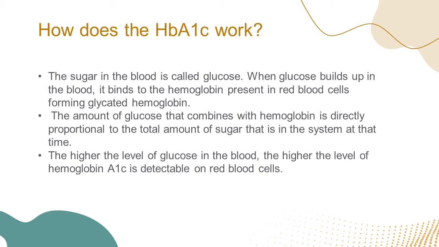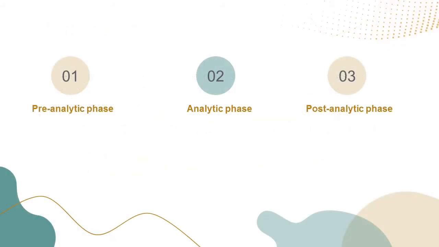The amount of glucose that combines with hemoglobin is directly proportional to the total amount of sugar that is in the system at that time. The higher the level of glucose in the blood, the higher the level of hemoglobin A1c is detectable on red blood cells.